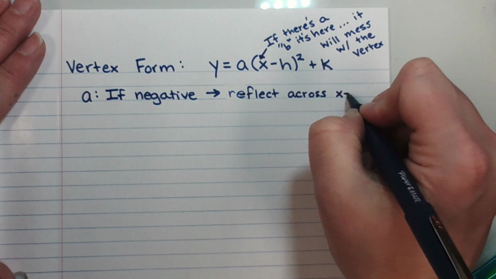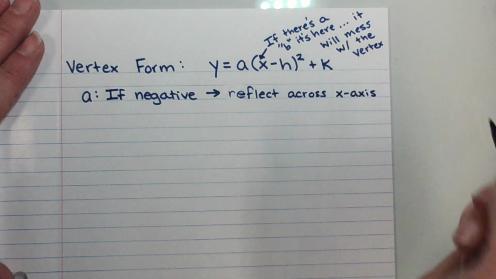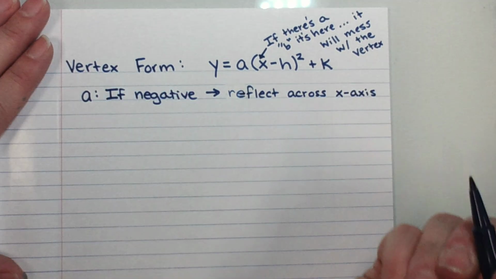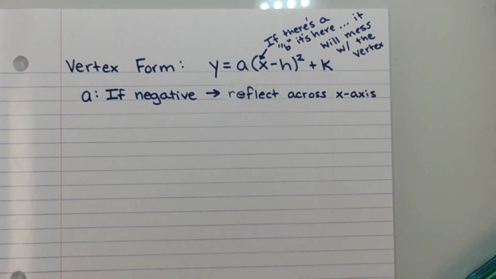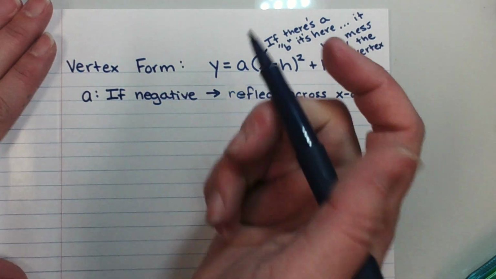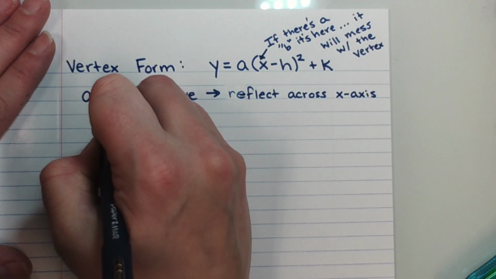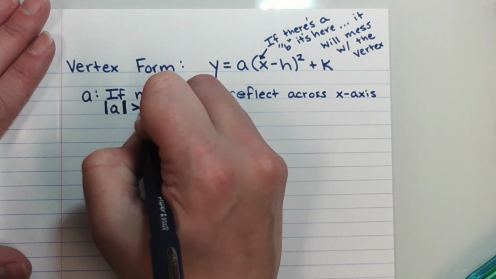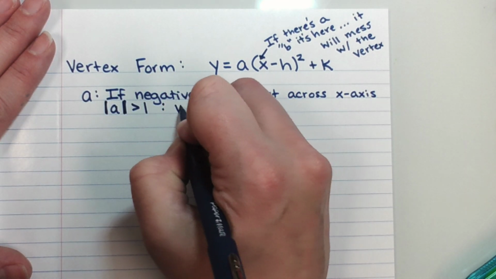Now, we tend to say if A is bigger than 1 or if A is between 0 and 1, but that tends to mess with people with the negatives. So, in all technicality, if the absolute value of A is greater than 1, it's a vertical stretch.